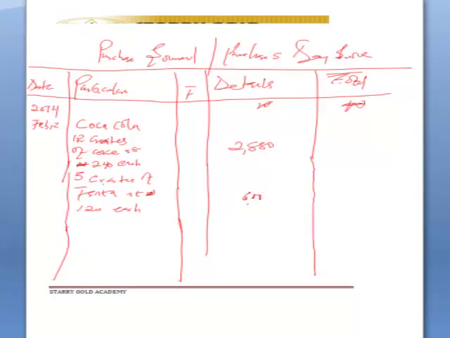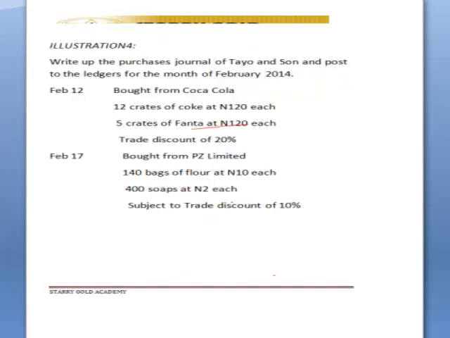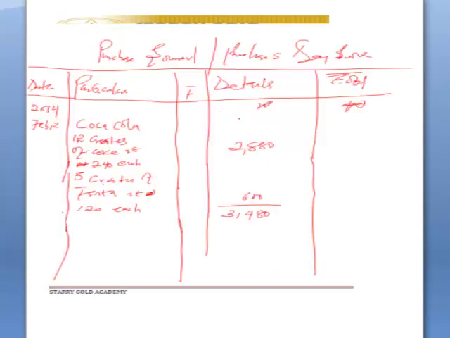So that is 600. When we sum up, it will give us a total of 3,480. Any trade discount? We have a trade discount of 20%. So less discount, 20% of 3,480. 3,480 times 20% is 696.